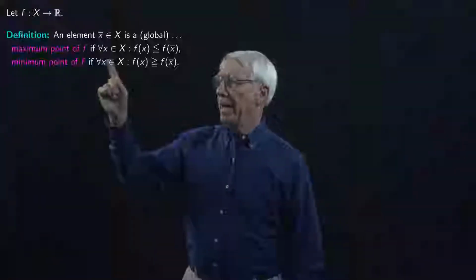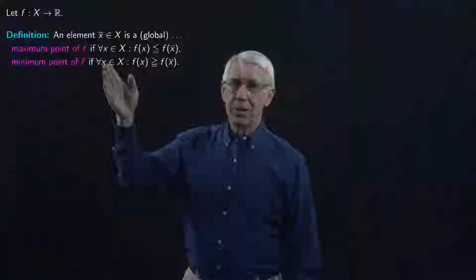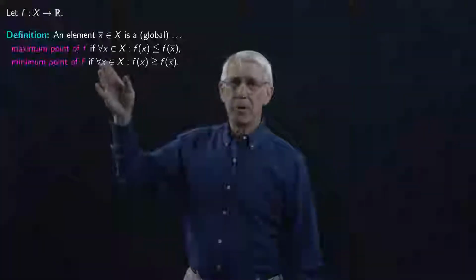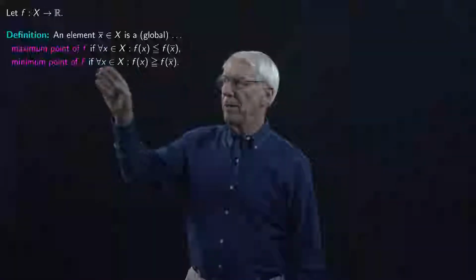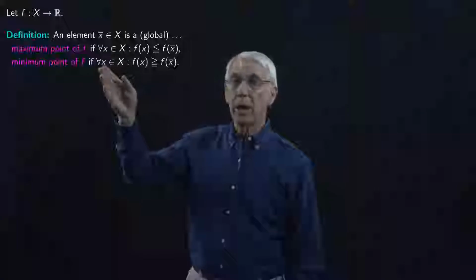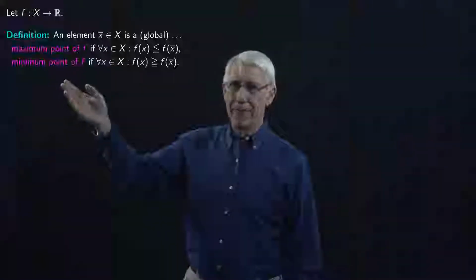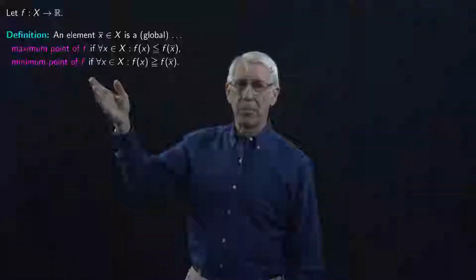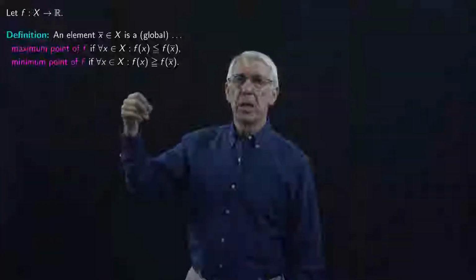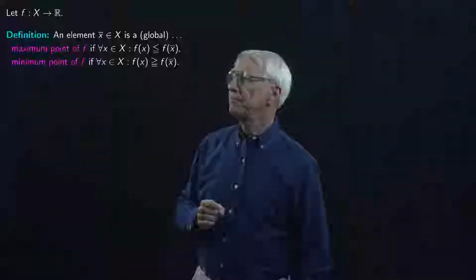An element is a maximum point if it's at least as large as every other point in the set. So if every point in the set gives us a value of f that's not larger than what x bar gives us, then x bar is a maximum point. And the same idea for a minimum point: it's got to be the case that f of x bar gives us a value that's at least as small as everything else in the set X.